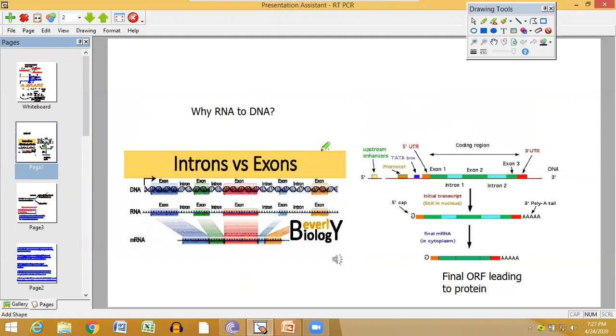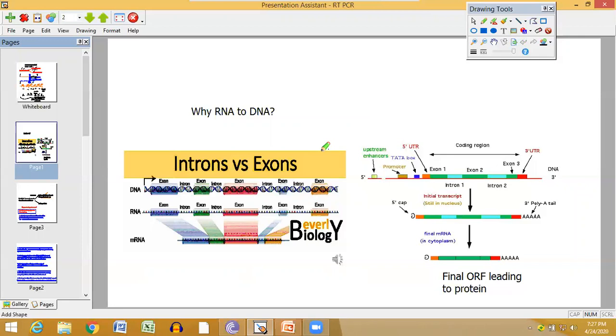Now when you express the protein in prokaryotic cells, and also in eukaryotic cells, if you recall the protein translation chapter, there are two things interspersed in cellular DNA.